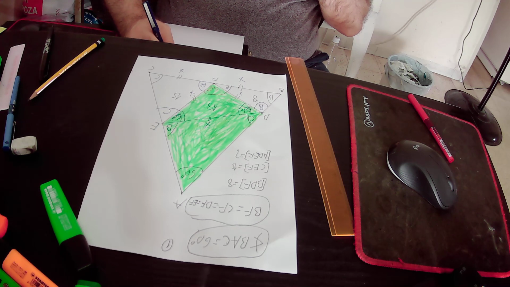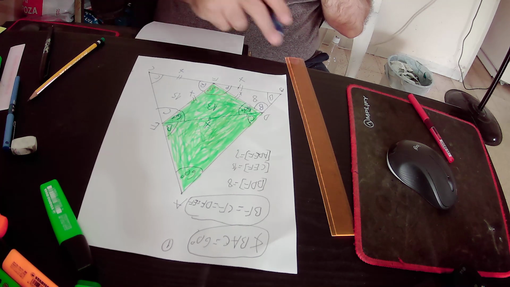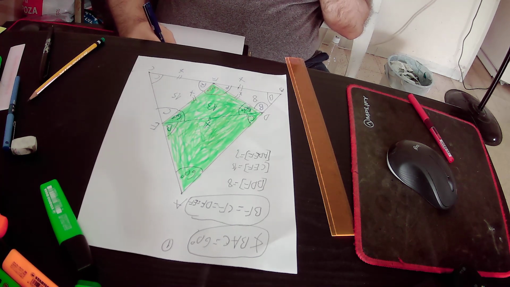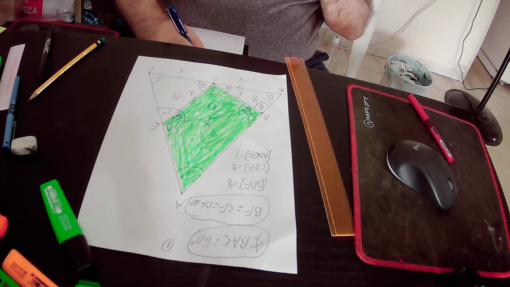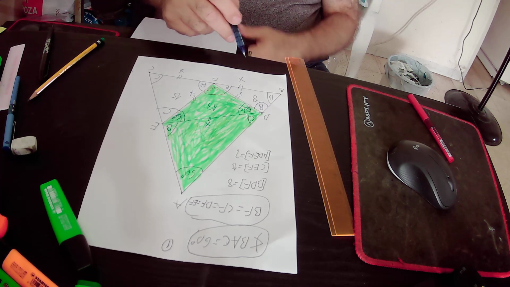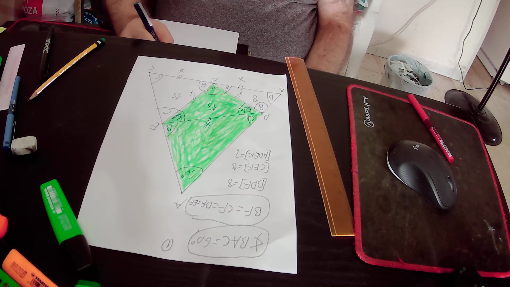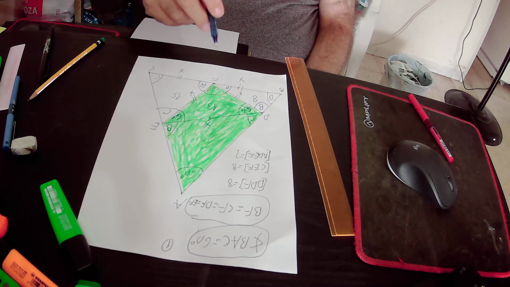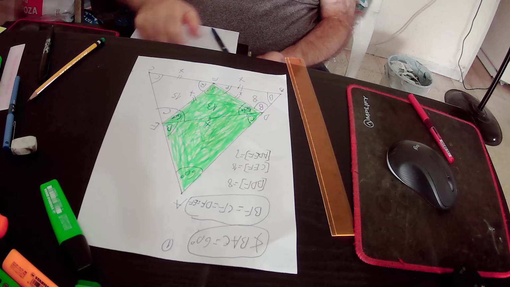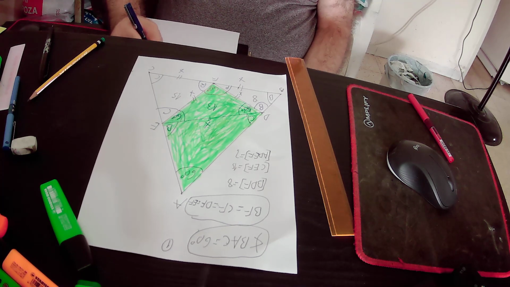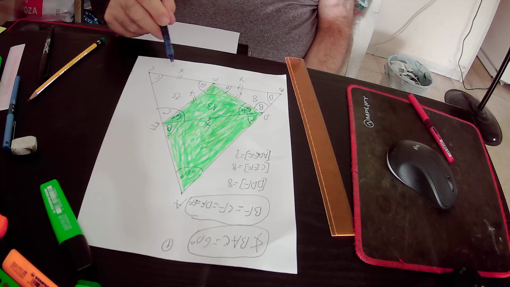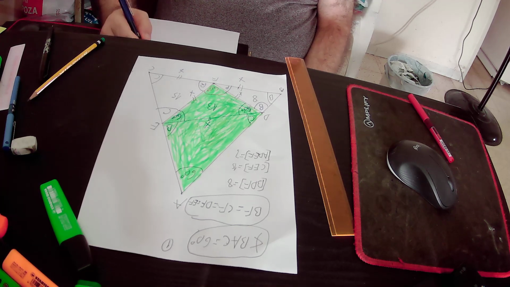Okay, so actually now we can calculate the area of the quadrilateral BDEC. The area of quadrilateral BDEC equals the area of triangle BFD, that is 8 square units, plus the area of the equilateral triangle EFD, that is 13 square units, plus the area of triangle EFC, that is 15 square units.